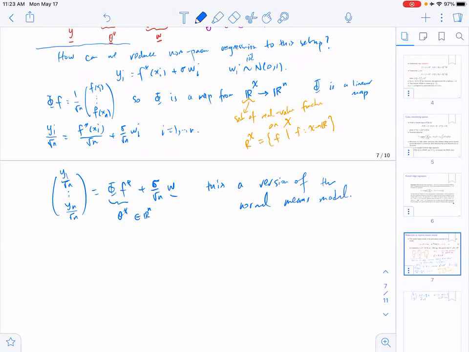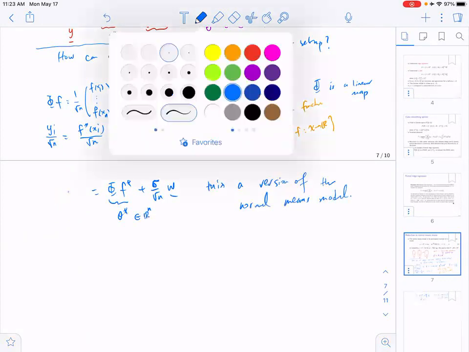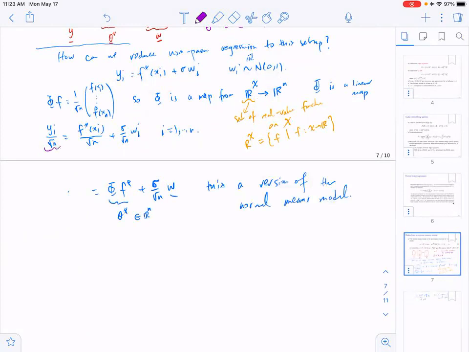I can call these y tilde i, so y tilde is y tilde 1 to y tilde n.